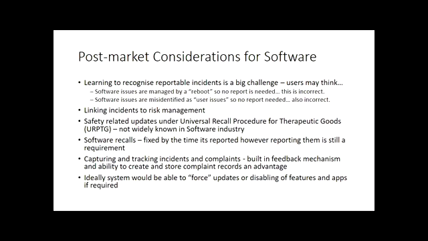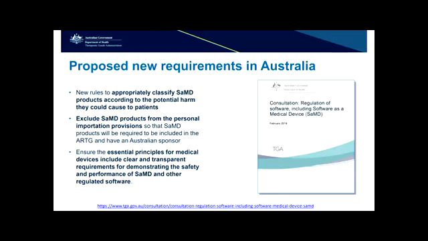We're going to tell you exactly how to classify software as a medical device products. They're putting in a harm algorithm, and they're actually going to exclude software as a medical device product. This was a loop that a lot of people used to get software through. They were saying that it would fall under the personal importation provisions and therefore be exempt from TGA oversight. So they're going to close that loop.